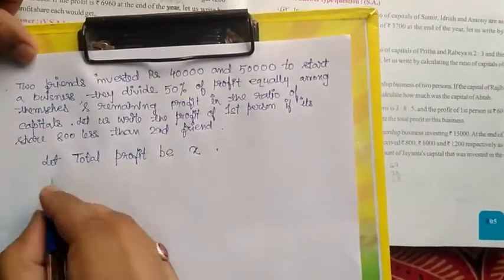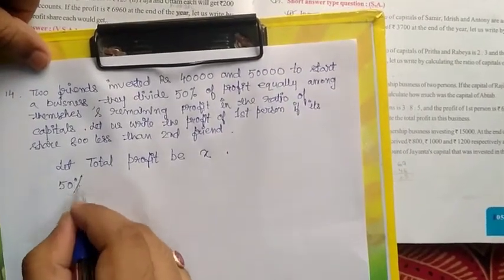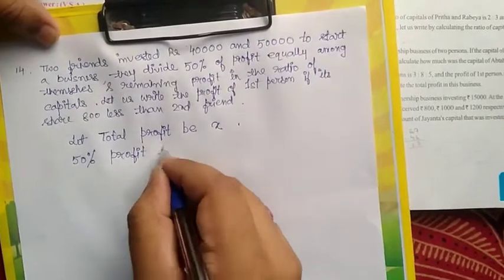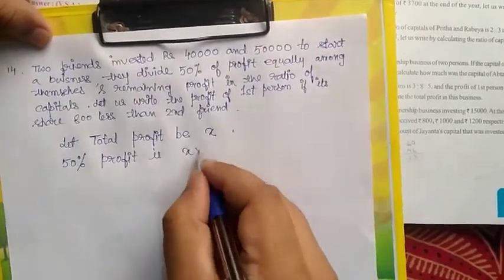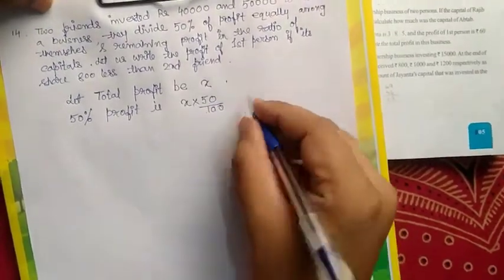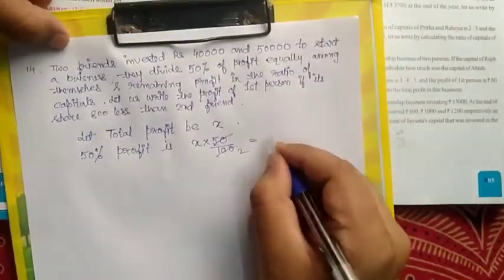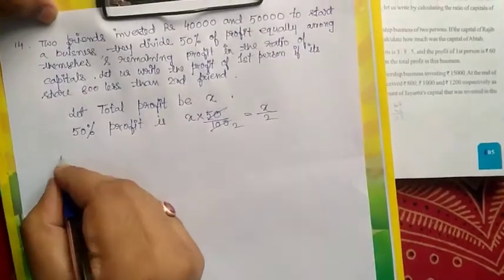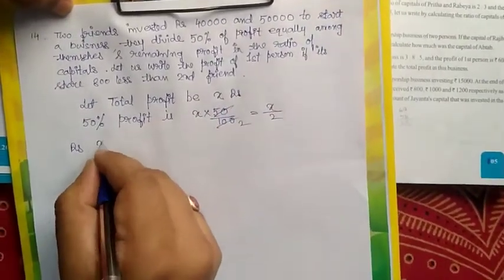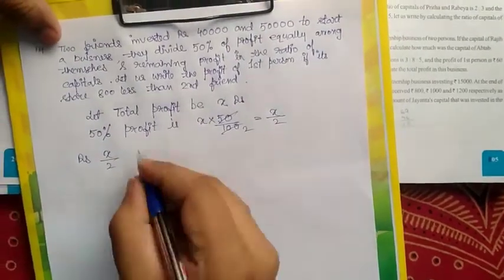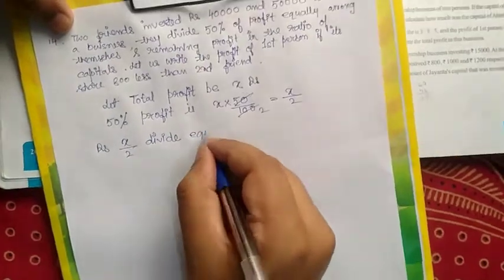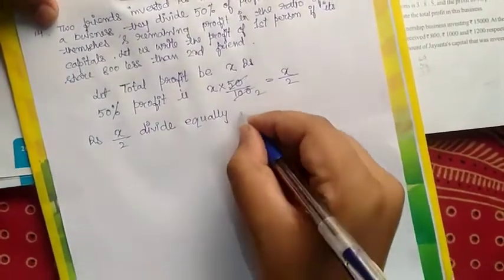x. So 50% of the profit is x into 50 by 100 equal to x by 2. So x by 2 rupees is divided equally among themselves.